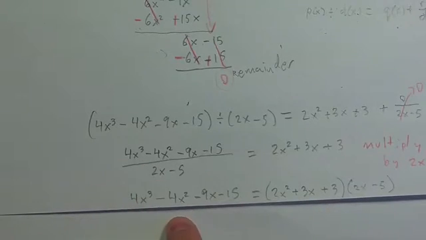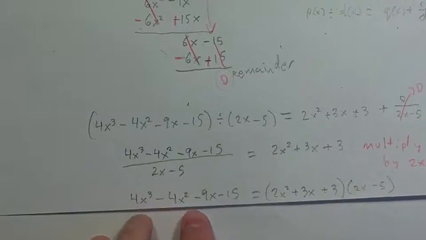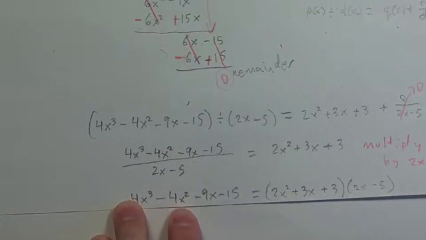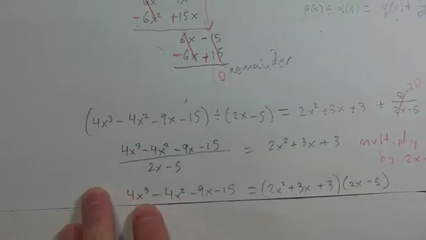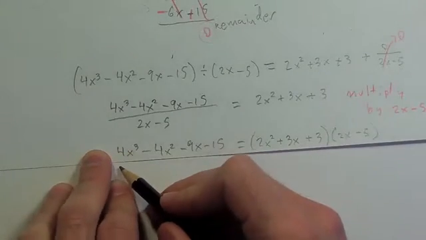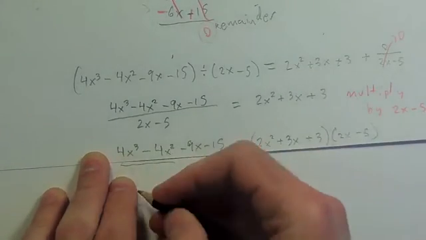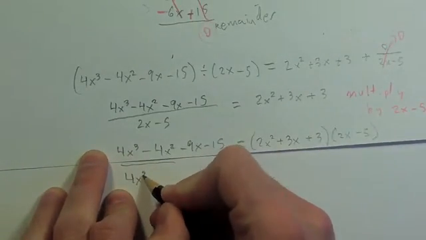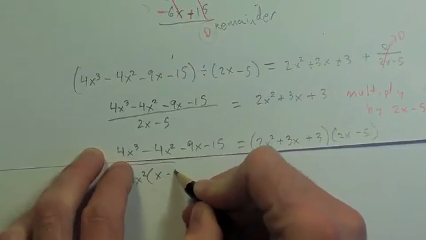Now looking at this, this might not have been something you would have thought could factor. Or actually, you might have thought you could factor this by grouping. If you tried to factor this by grouping, in your first group, you could take out a 4 and an x squared, and you'd be left with x minus 1.